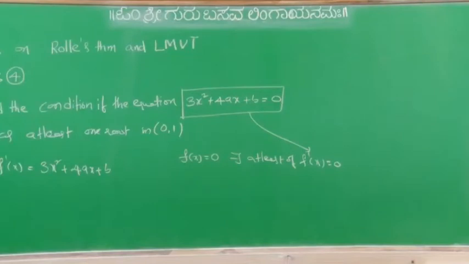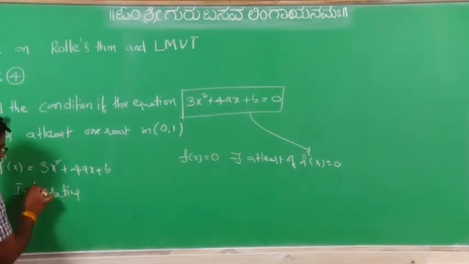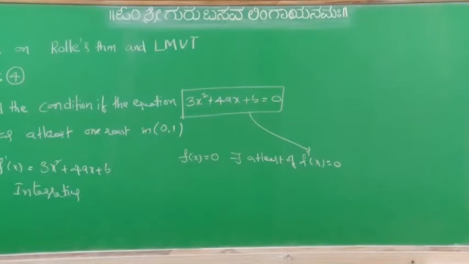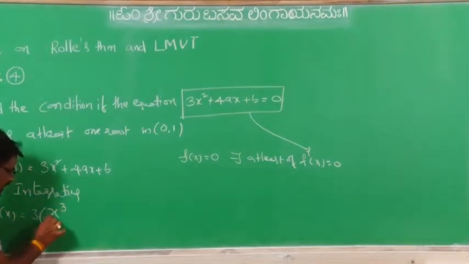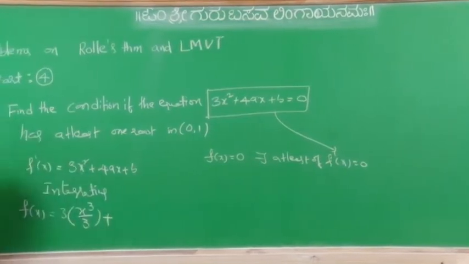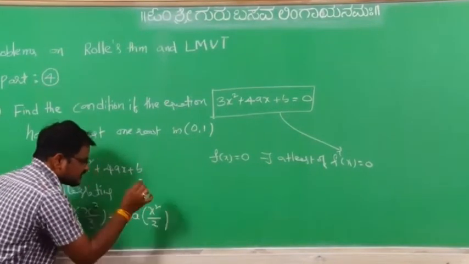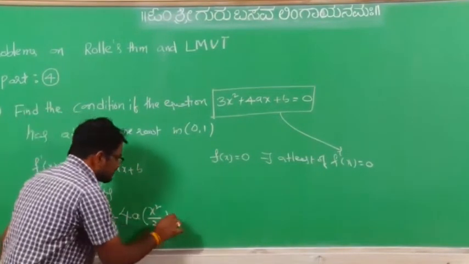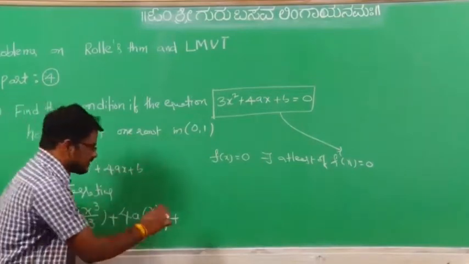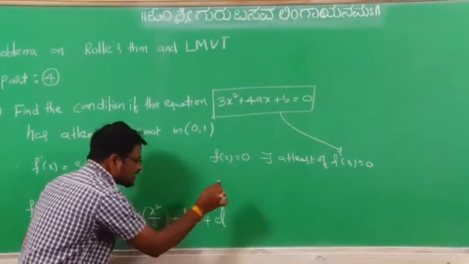So by this we have to find f of x by integrating. The integration of f dash x is f of x equal to 3 into integration of x square, which is x cube by 3, plus 4a into integration of x, which is x square by 2, plus integration of constant b, which is bx, and one integral constant also I will take.